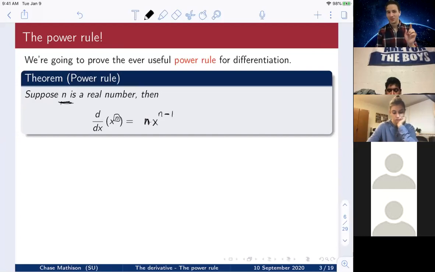How many people know the binomial theorem? Show a yes or no in the chat, or the little symbols. Yeah, I don't think most people know it, and that's fine.